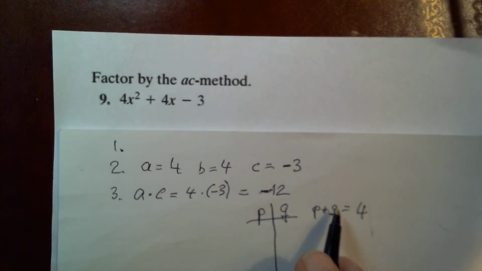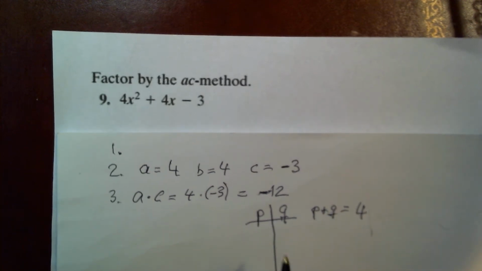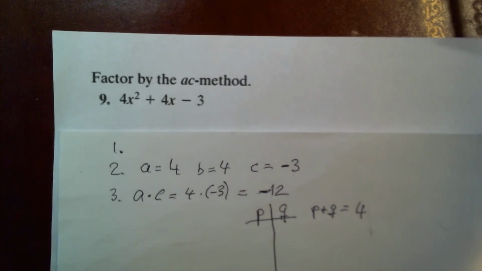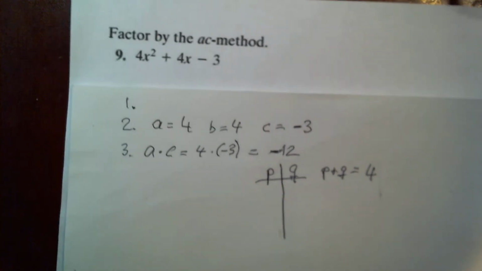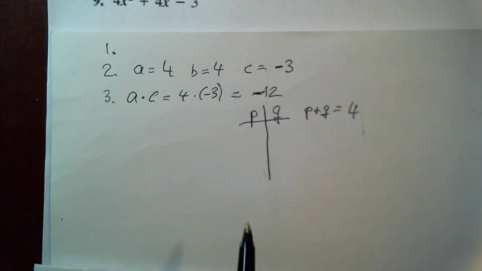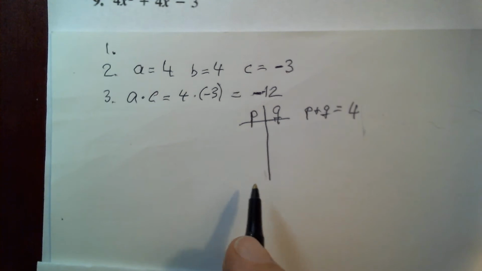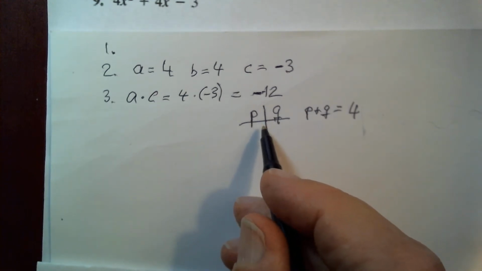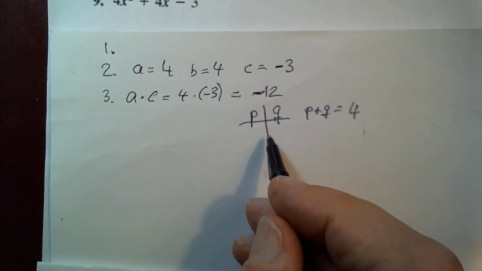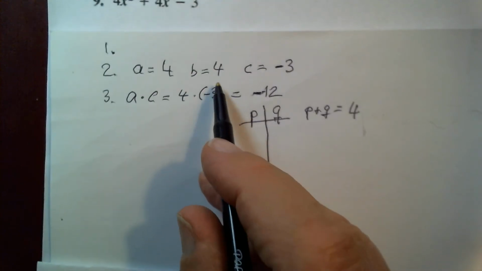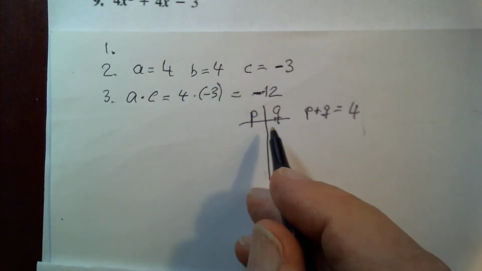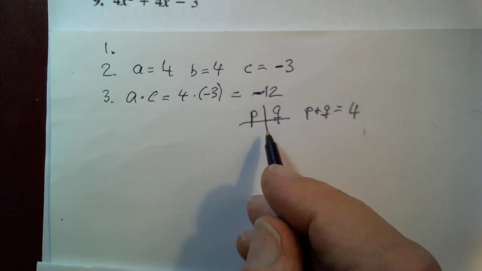Now, there are several ways we can factor minus 12. The fact it's a negative number tells us that the factors have opposite signs. In other words, one factor has to be positive, one has to be negative, or else the product couldn't be negative. And we also notice that since B is positive, the positive factor has to be greater than the negative factor.